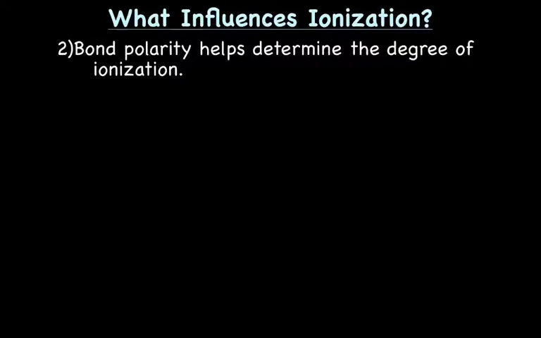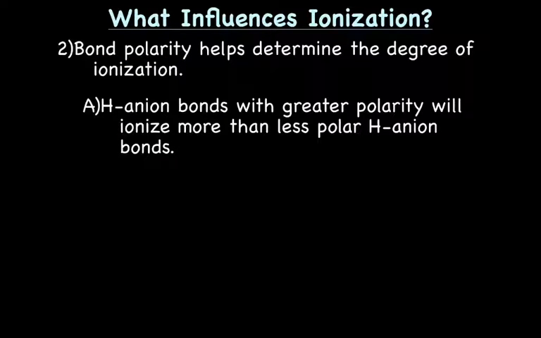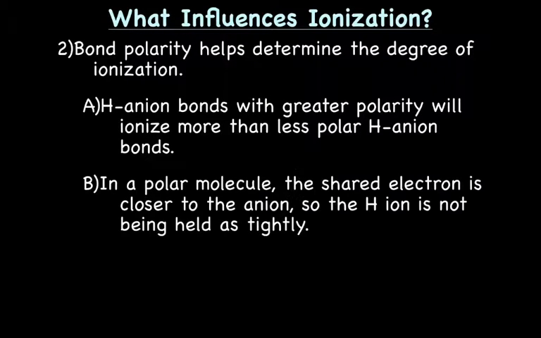Bond polarity also helps determine the degree of ionization, which is a measure of acid strength. So hydrogen anion bonds with greater polarity will ionize more than a less polar hydrogen anion bond. In a polar molecule, the shared electron is closer to the anion.